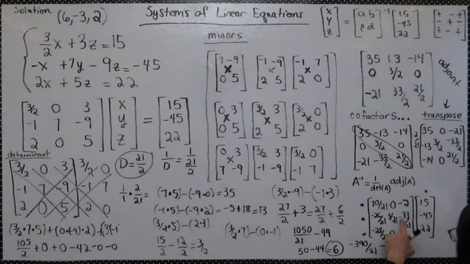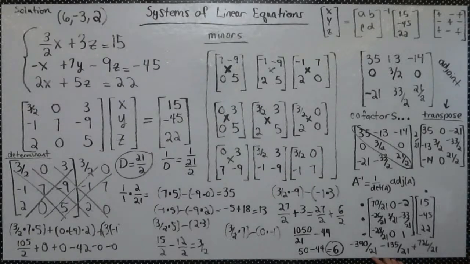And then we've got negative 33 halves, or 33 over 21 rather, times 22. 33 times 22, I'm getting 726. It's a positive. 2 negatives make a positive here. So that's going to be a plus 726 divided by 21.